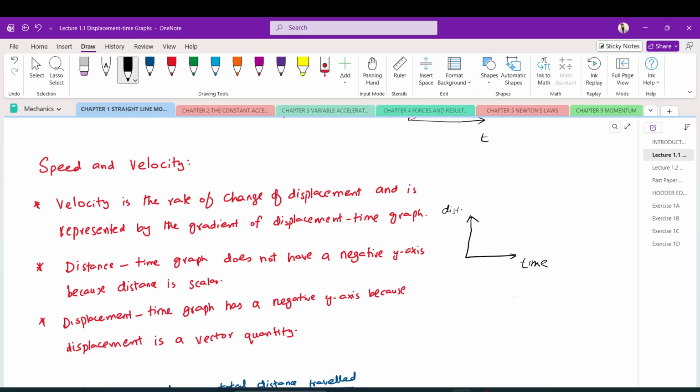However, if I draw a displacement-time graph, then this is what my graph should look like, because this is going to be my displacement and this is going to be my time. Because displacement is a vector quantity, there will be a negative axis. And again, what is the difference between distance and displacement? We'll look at that in a while.